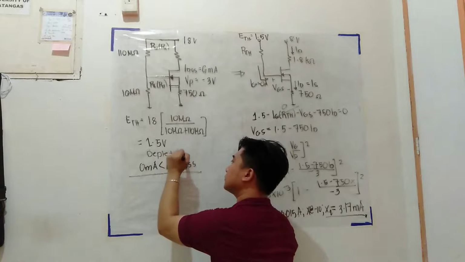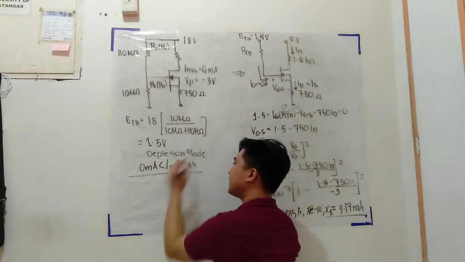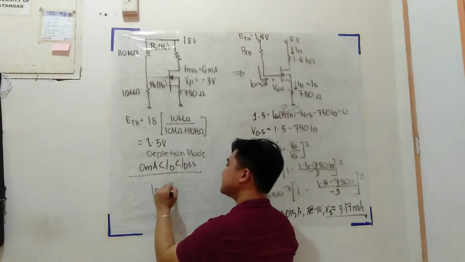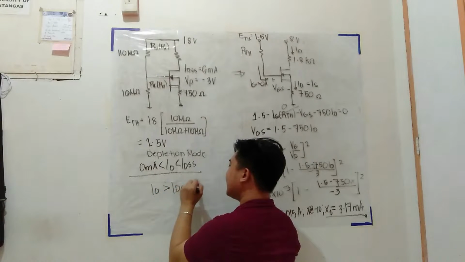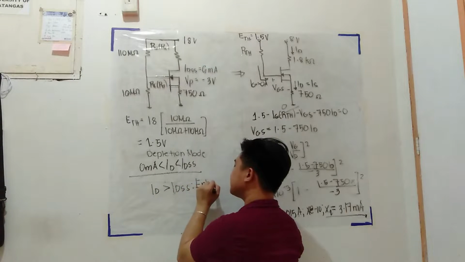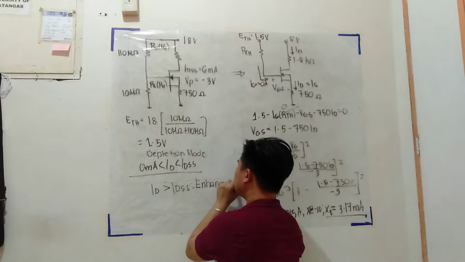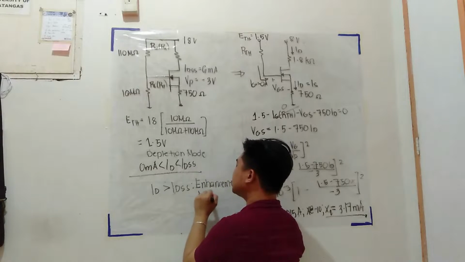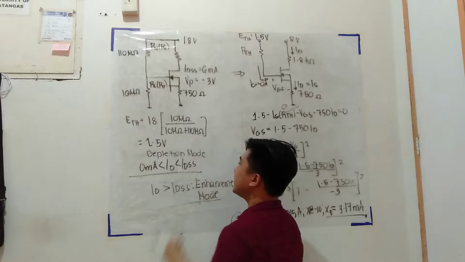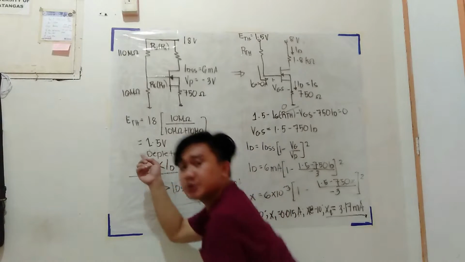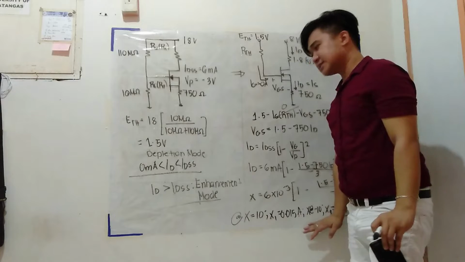Kapag naman ang ID mo ay mas malaki sa IDSS, tayo po ay nag-ooperate sa enhancement mode. At ang default na mode kapag wala pong sinabi ay depletion mode. So you still choose the value na mas mababa.